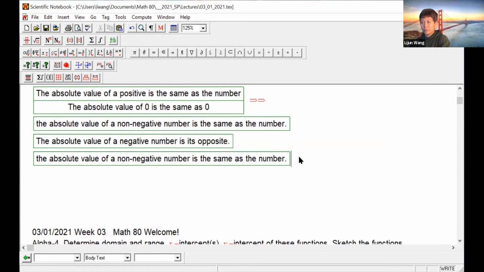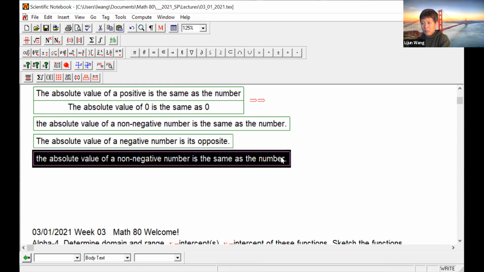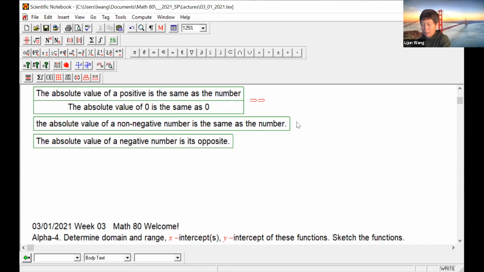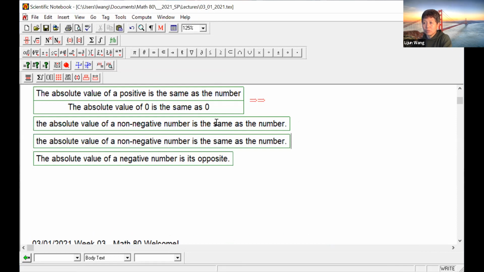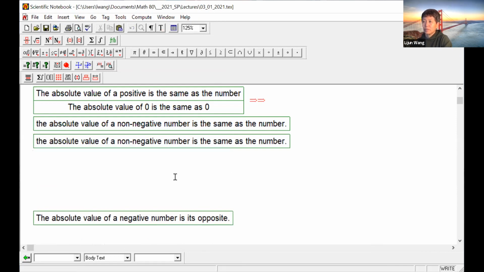Let's look at the first one. The absolute value. How do we express the absolute value of a non-negative number? I'm going to put it right here.